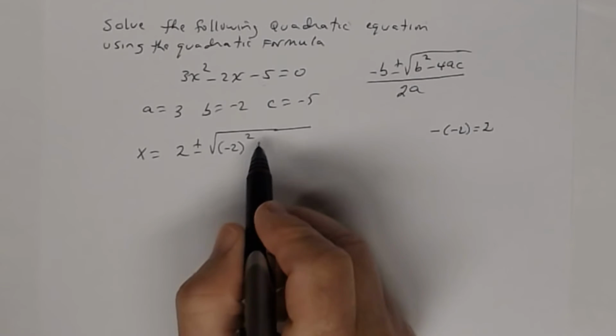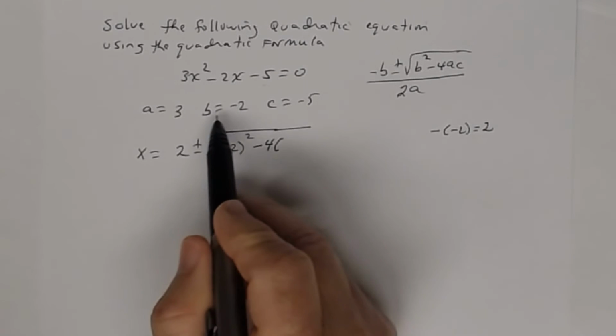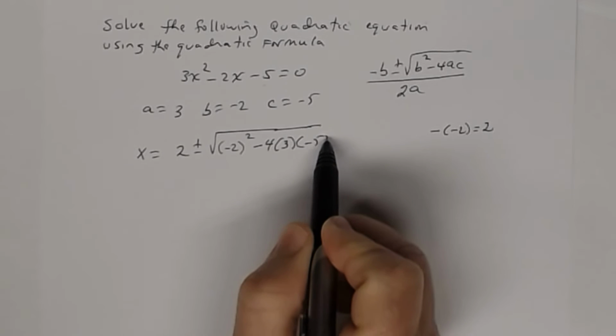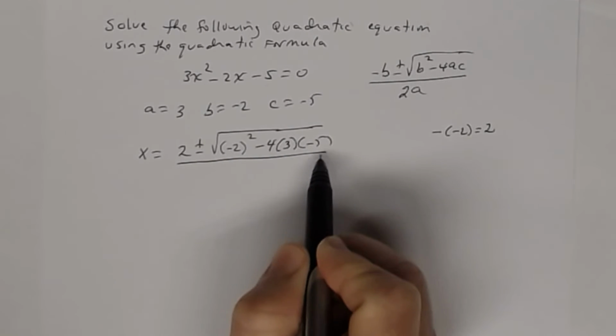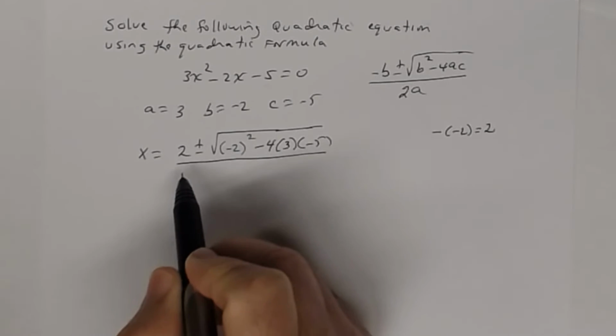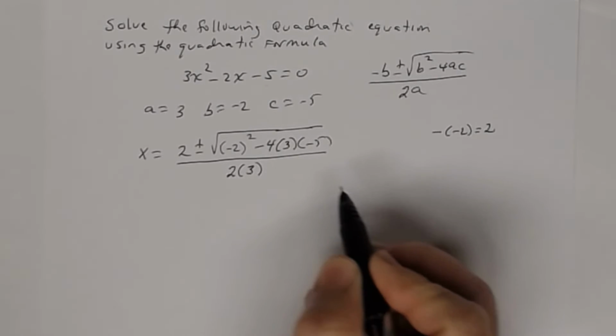Minus 4 times a, which is 3, times c, which is negative 5. All of that, and make sure you extend the division symbol to include both of those terms that you see here. All of that is being divided by 2 times a, and a is 3.